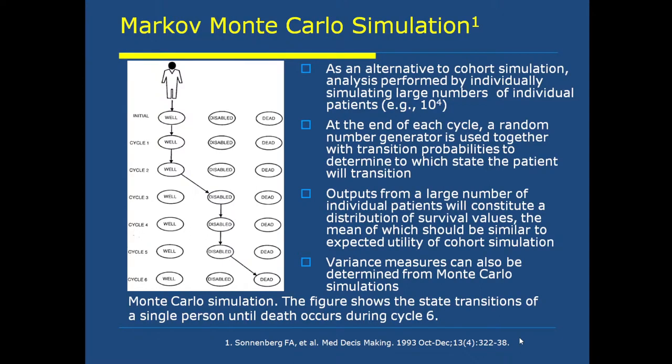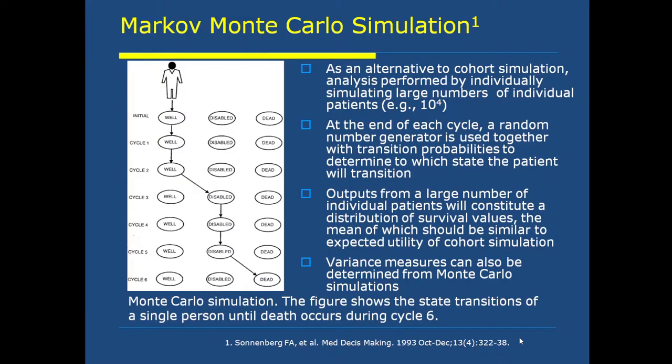In this figure, you see a Monte Carlo simulation, which shows the state transitions of a single person until death occurs during some cycle. In this slide, you see 6 cycles. The first state of the patient is well, the last state of the patient is dead.